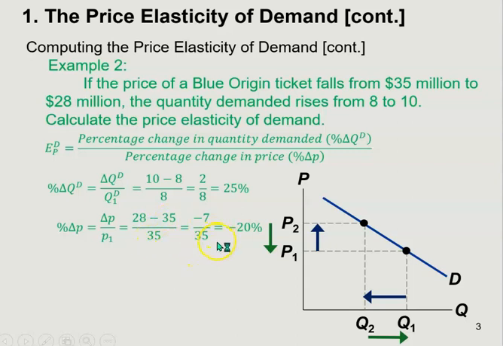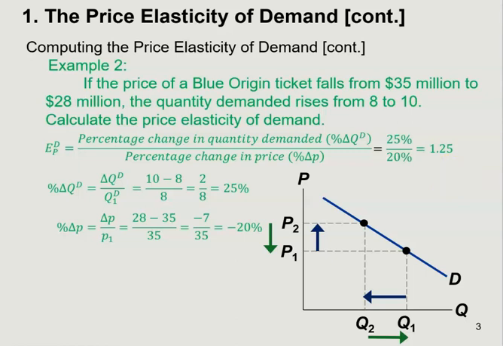And then you would find that the percentage change becomes minus 20%, because again, minus means decrease. Now, if we plug this back into the elasticity formula, you're going to find it's 25% over 20%. So the price elasticity of demand is 1.25.